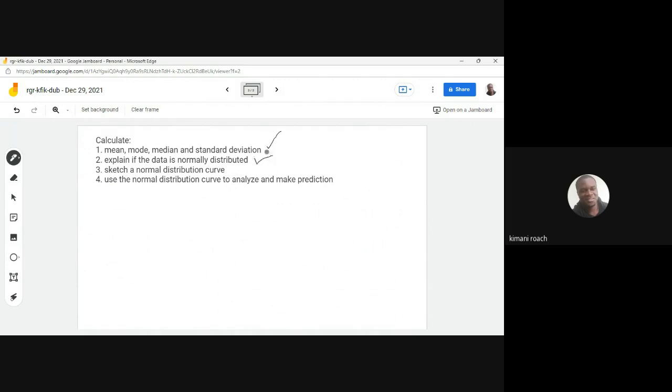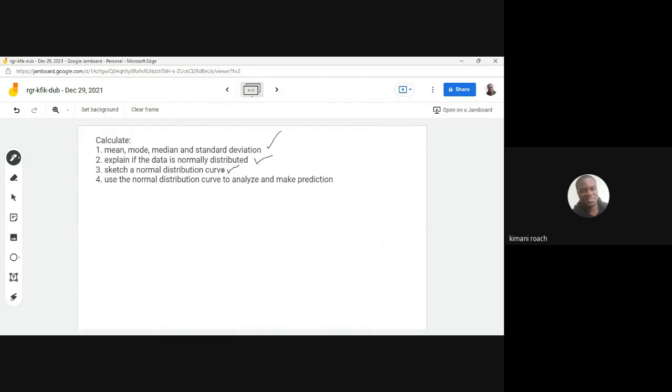When we're analyzing data, what can we use to determine that this data is normally distributed? Three, if the data is normally distributed, we want to sketch the normal distribution curve.